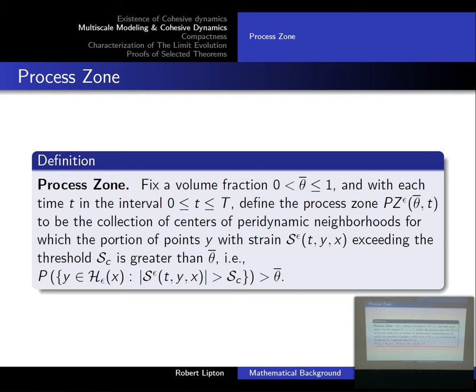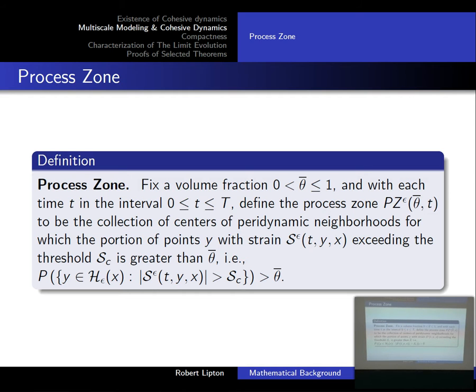We can choose it to be any set of centroids X with neighborhoods for which the proportion of bonds larger than critical is some fraction, theta hat. So say 50%, that's our process zone at 50%. 20% of the y's based on this measure are bigger than critical, okay?